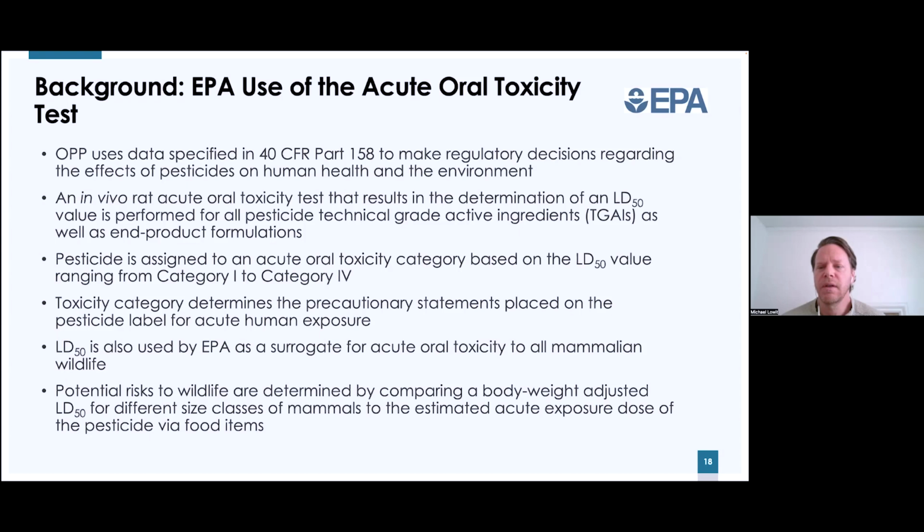For all registered conventional pesticides, an in vivo rat acute oral toxicity test that results in the determination of an LD50 value is performed for technical grade active ingredients, or TGAIs, as well as end use products. We use that data for two main purposes. First, pesticides are assigned an acute oral toxicity category based on the LD50 value, ranging from category 1 to category 4. Those categories determine the precautionary statements placed on the pesticide label for acute human exposure.